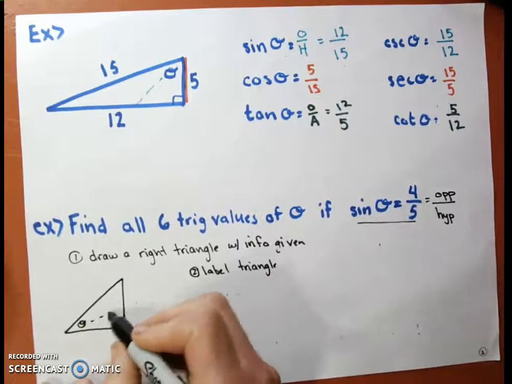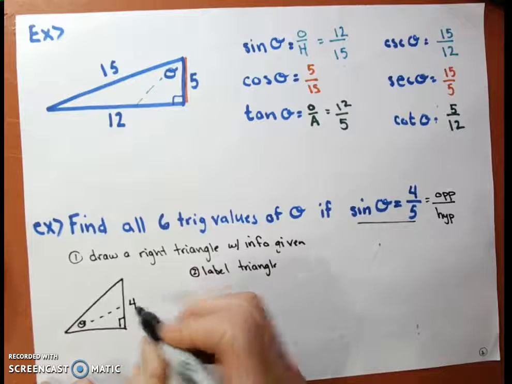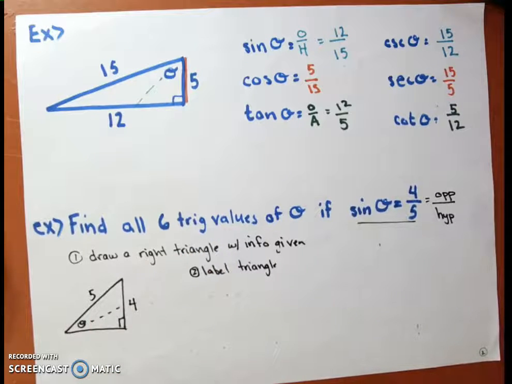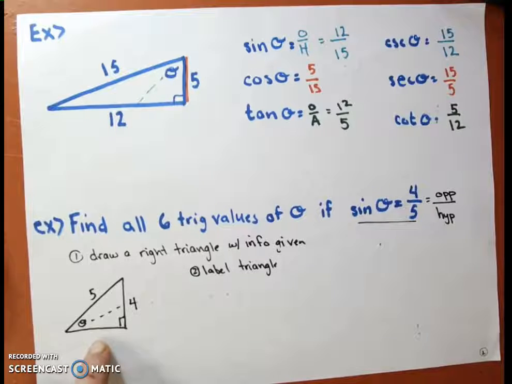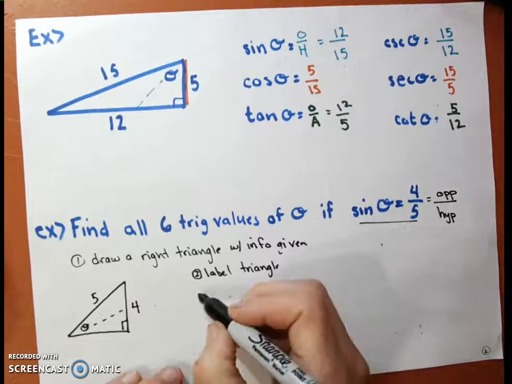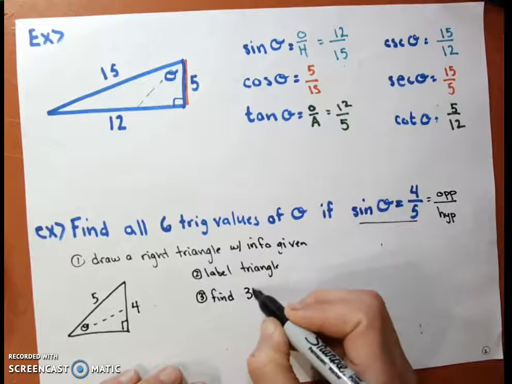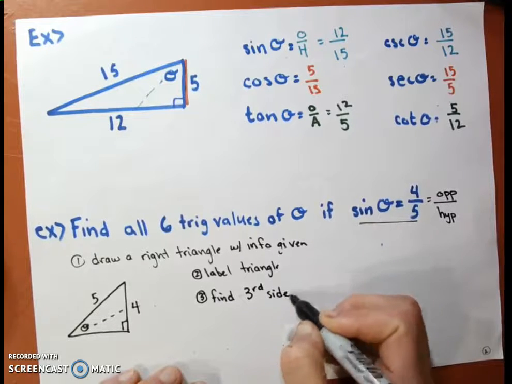So the opposite should be 4, and the hypotenuse should be 5. The next thing I need to do is find this third side. And I can do that in 2 different ways.